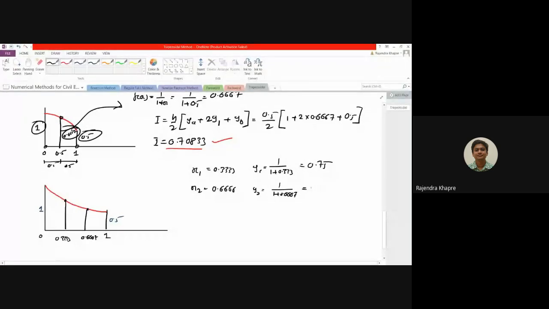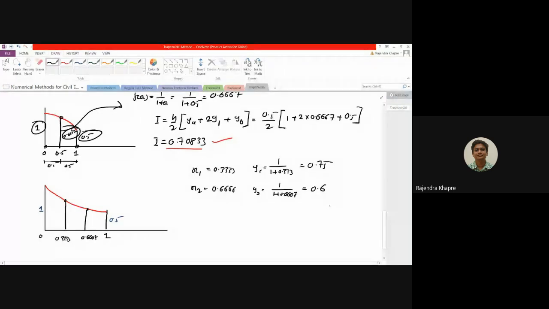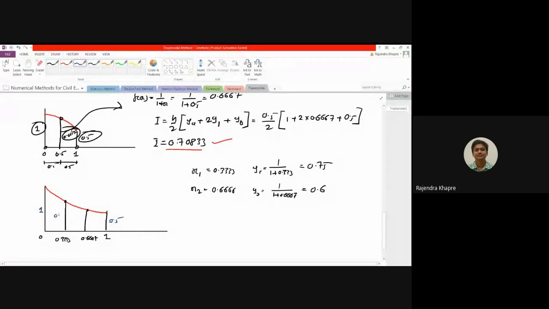Okay, and how about this one? 0.6. Is it so? Somebody please confirm. Yes, it is 0.6; that is probably round off error. Okay, so now here we have this value 0.75, and this is 0.6.